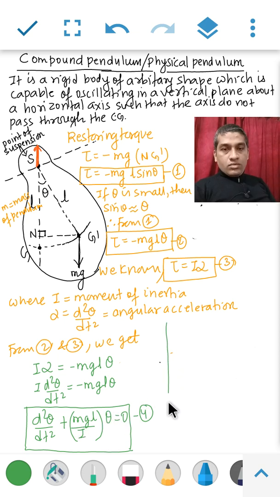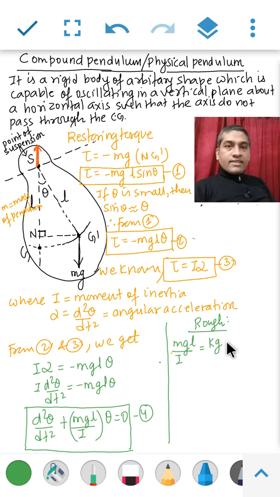Now let us do some rough work. Let us find the unit of this ratio, mgl by I. m is mass, it is kg. g is acceleration due to gravity, meter per second square. L is the length, we can see from the figure, so it is in meter.